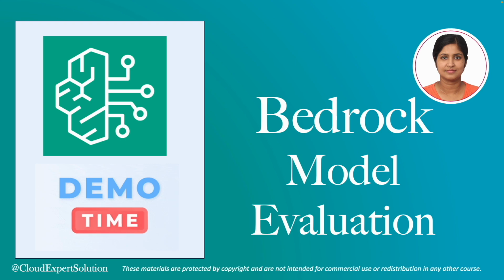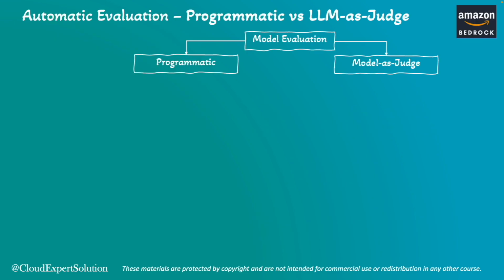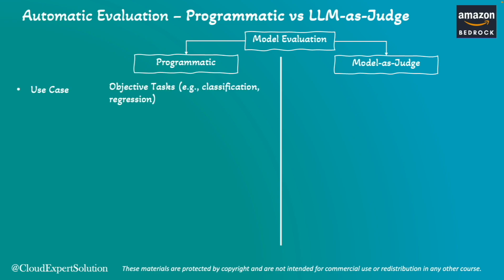Now you might have some confusion about when to use programmatic versus when to use LLM as judge. Let's clarify that for you. On one hand we have programmatic, and on the other hand we have model as judge. We will start with use cases.